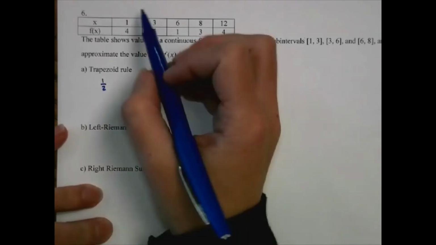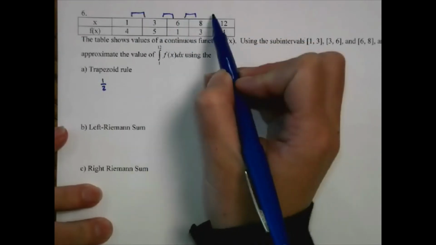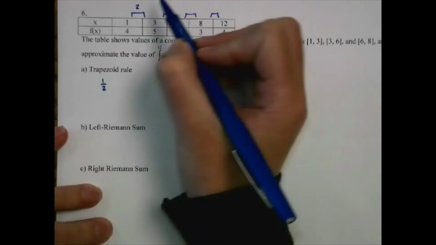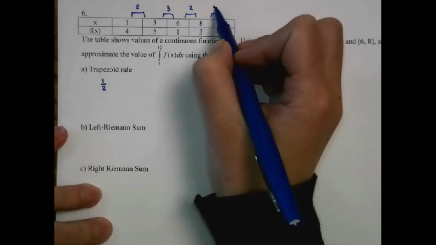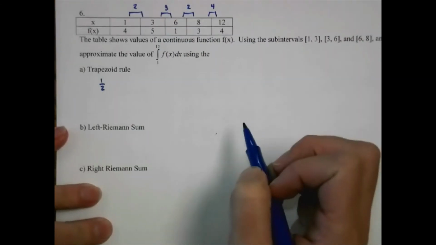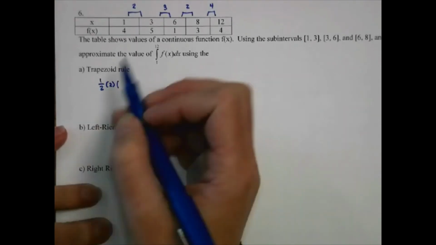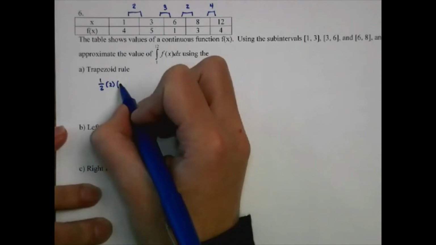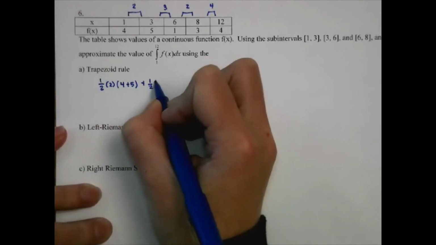The height of each of the rectangles is going to be the change in x values, the width. So this one's change is going to be 2, this one's 3, this one's 2, and this one's going to be 4. So my width is 4. For the trapezoid, we use both of the endpoints. So 4 plus 5 plus 1/2.